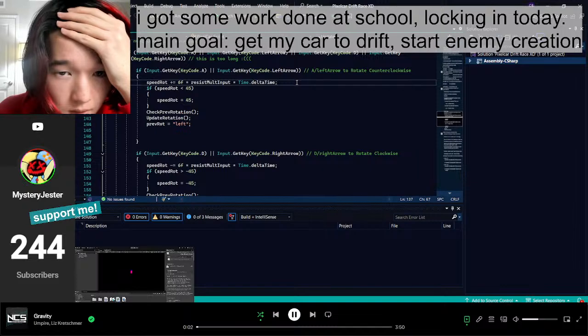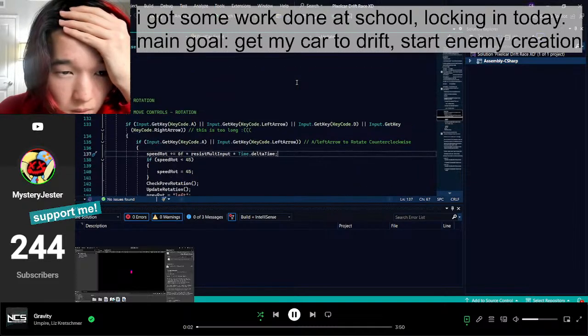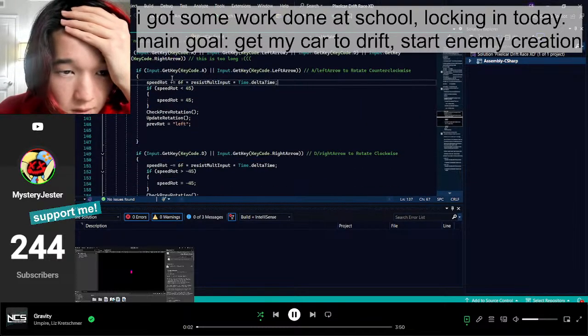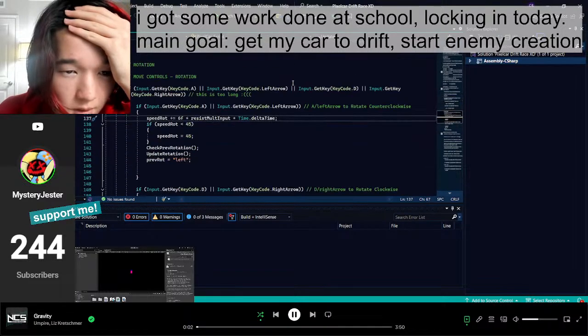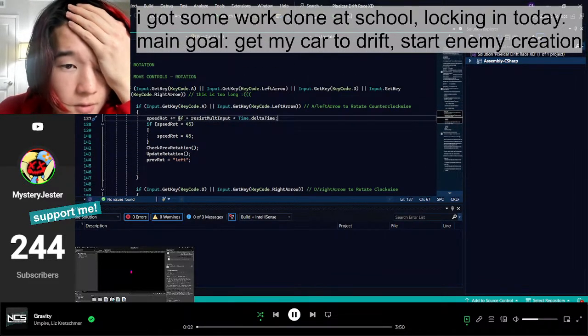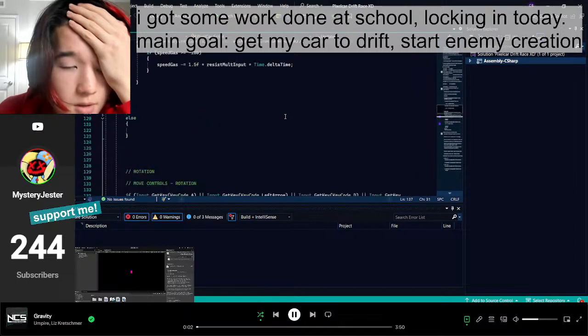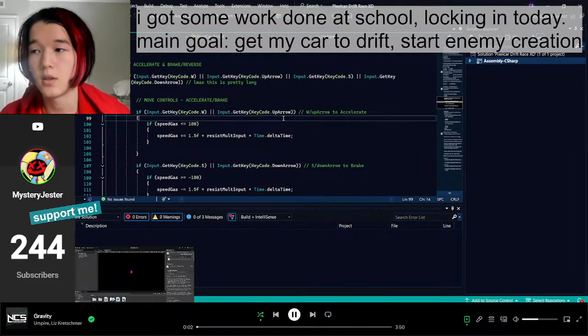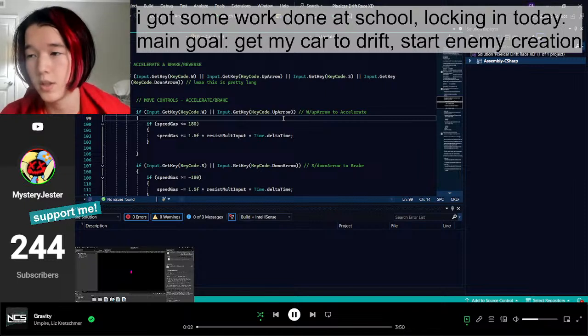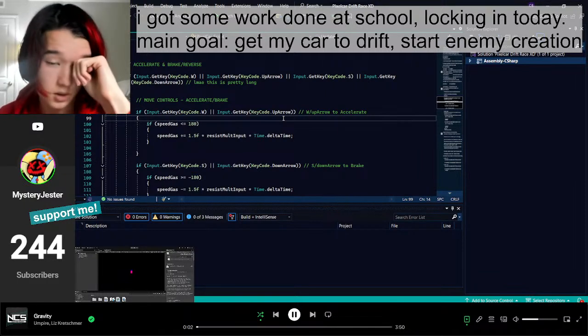So I think that if I want to do it a certain way, I just compare the ratio of this constant times time.deltaTime, or rather, not the ratio. On one side, it's the constant times time.deltaTime, and then on the other side, it's the speed and direction it's already going in.